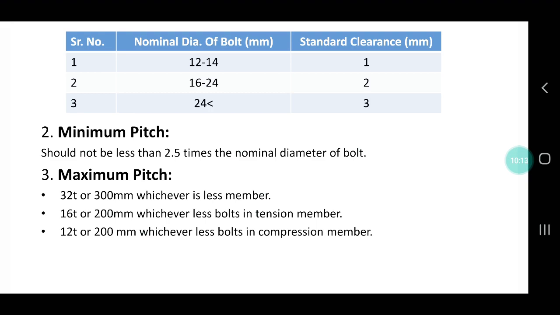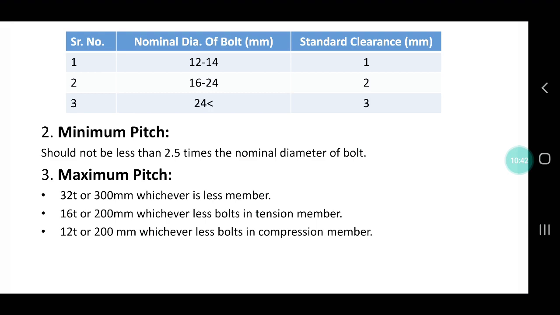So what are tacking bolts? Tacking bolts are bolts provided at the middle of the members, not only on the connection. We provide bolts on the connection, but when we provide bolts at the middle of the member, those bolts are known as tacking bolts.